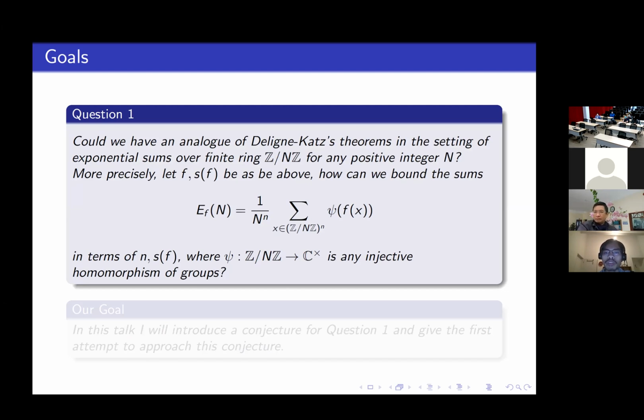How can we bound the sum with x running in the ring Z over NZ to the power n in terms of n, nf and d? Sorry, I forgot d here. And here psi from Z over NZ to C star is any injective homomorphism of groups.